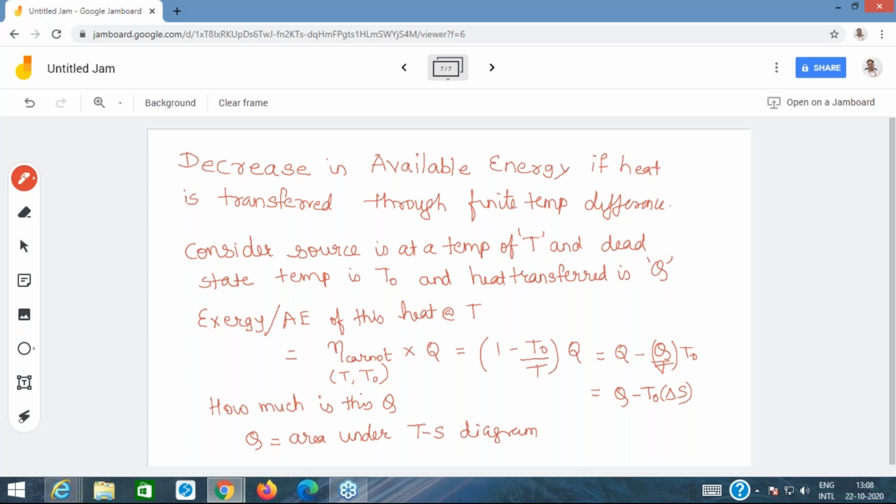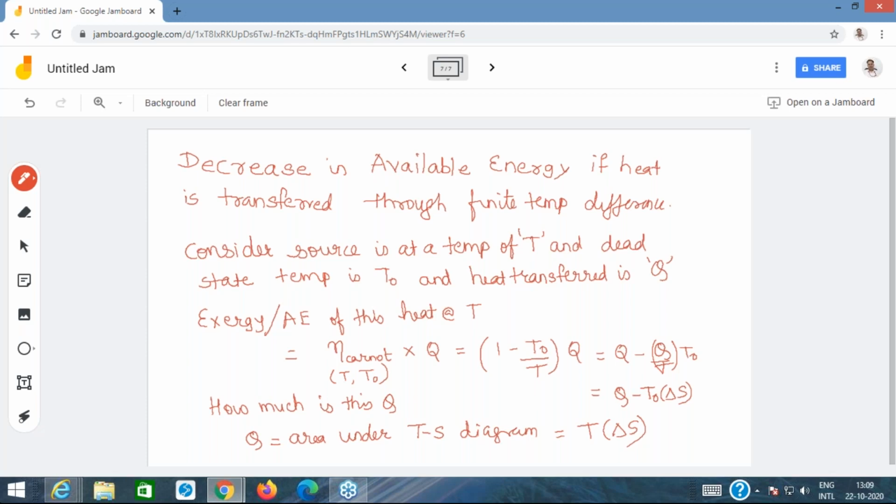So this will be equal to T into delta S. So now we have two expressions: Q is T into delta S, and we also know that the exergy of this Q, which is available at T, is Q minus T naught delta S.